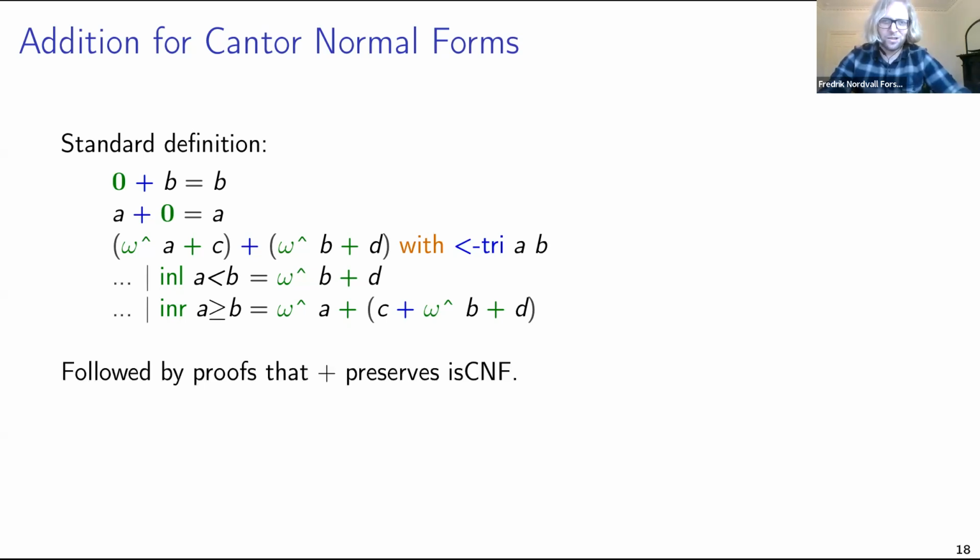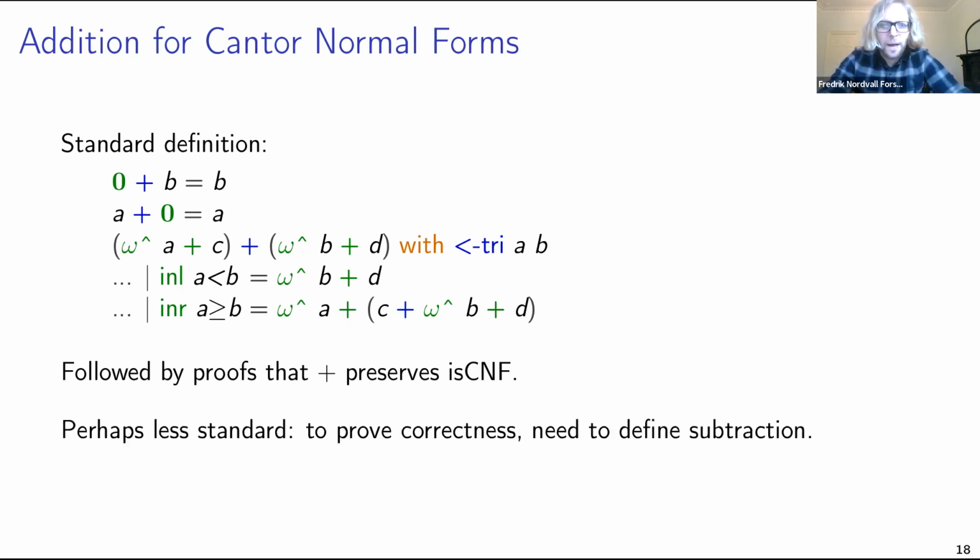And then afterwards, of course, we have to prove that this notion of addition actually preserves being a normal form, which requires some lemmas about what's happening in these cases. If you do it inductive-inductively, you get thrown in your face what you need to prove.